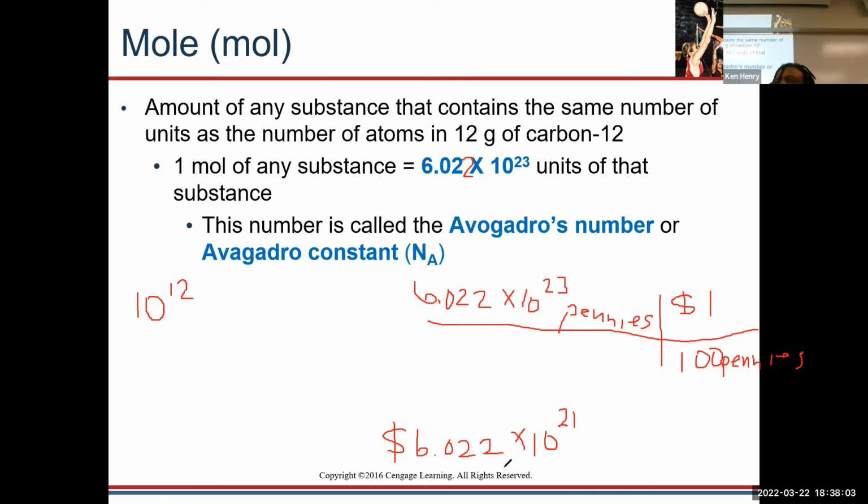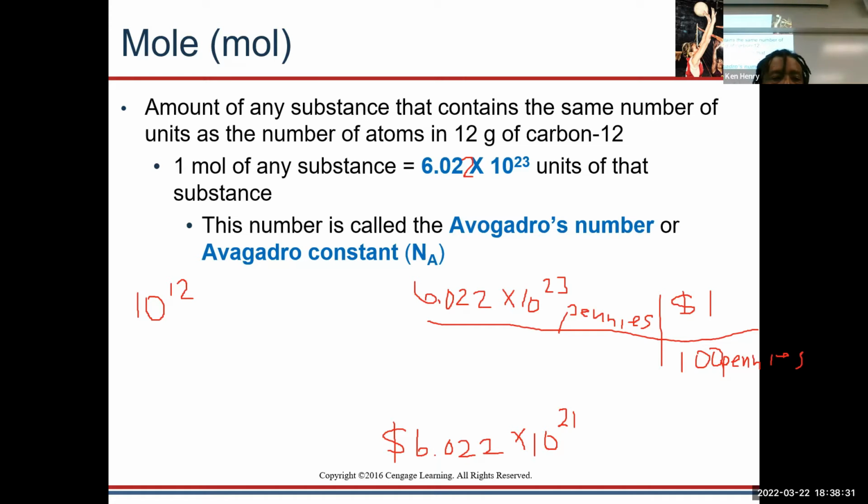The mass on the periodic table is based upon that 12 grams of carbon equaling 1 mole. They literally counted how many molecules are in that 12 grams, and that's how they got that number, 6.022 times 10 to the 23rd. Everything else is going to be based upon it.